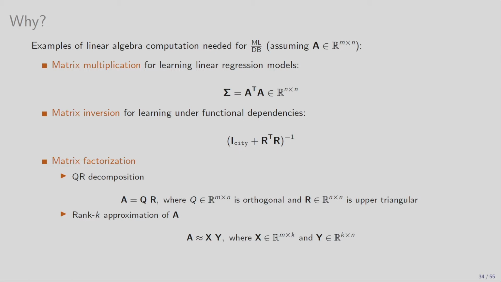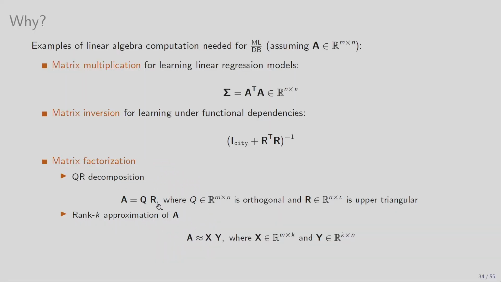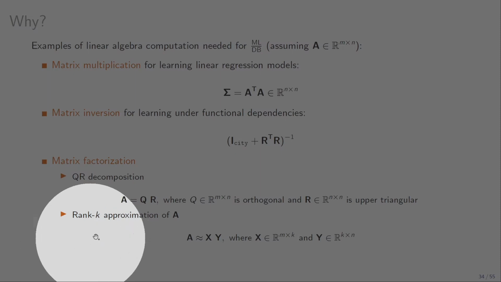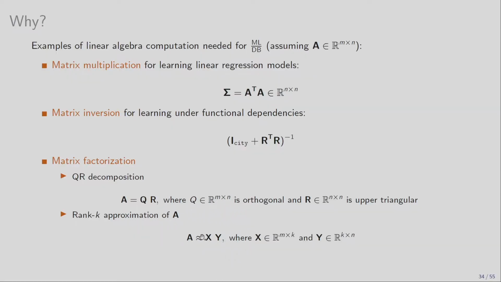And an important part is matrix factorization. I would like to talk about the QR decomposition, where you take the matrix A and decompose it into Q times R. There is also work on rank K approximation of A, where you look at so-called quadratically regularized principal component analysis and other low-rank models, right?